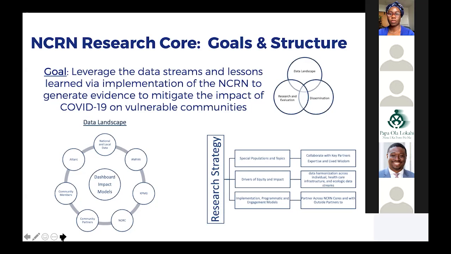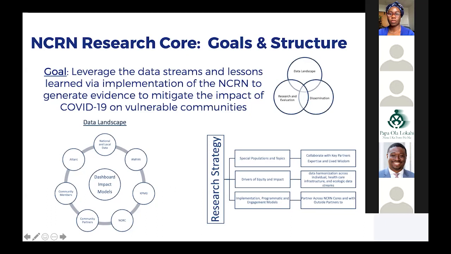This is going to require data harmonization across multiple levels to leverage that rich data landscape that we have access to. And then we also have work to do understanding the implementation science and programmatic and engagement models that we will use, so we can share those and scale those models that are successful.